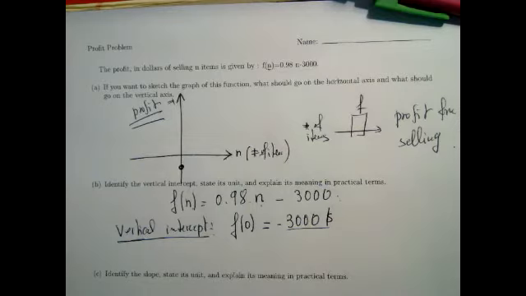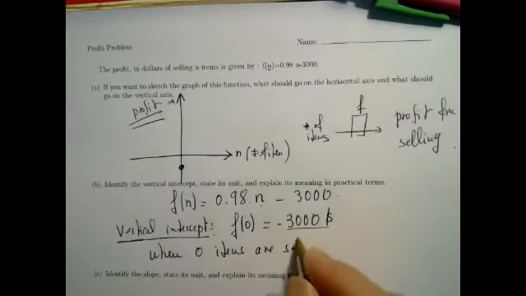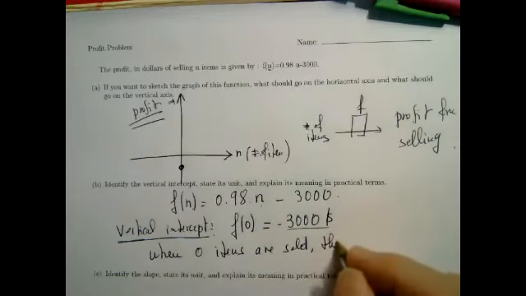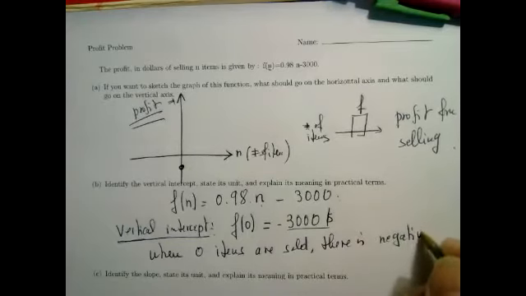Does it make sense to have a negative profit when no items are sold? When 0 items are sold, there is negative profit. Does it make sense?